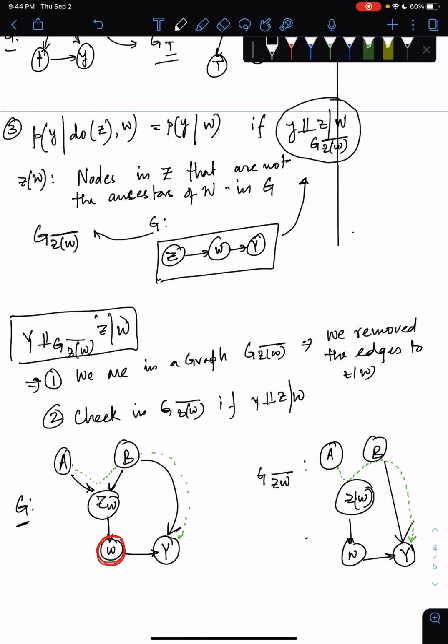Because in the manipulated graph we are not able to have this conditional independence relationship, we cannot say that this guy should come before this guy. So in my original graph, to hold this condition in my manipulated graph, ZW shouldn't come before my W. So these are the three rules of do-calculus. We'll solve a particular problem, and we will again analyze all these three rules. So let's end here.